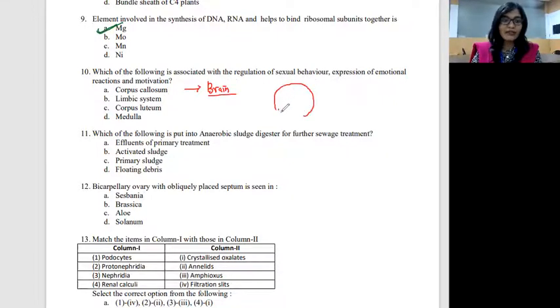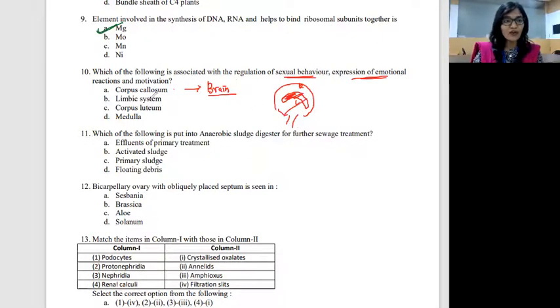Suppose this is going to be the brain, and then there's going to be corpus callosum which separates the right and the left. The question is, which controls sexual behavior and makes you emotional? What's the one in the brain which controls this, and what's the one which motivates you?